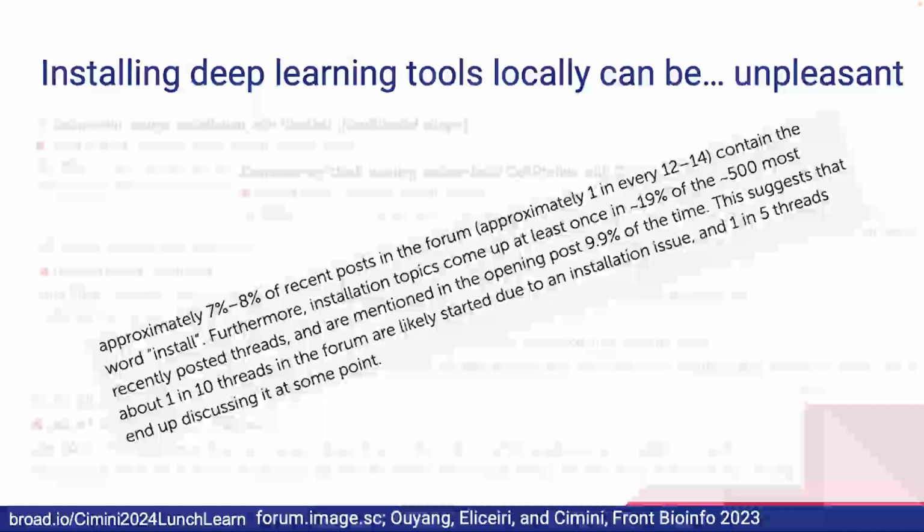If you remember literally nothing else today, remember forum.image.sc. It's a central help forum for lots of open source image analysis tools. And the word install comes up in the first post about 8% of the time, and it comes up in about 1 in 5 threads. So installation is hard already, and it's only going to get worse the more the field moves to deep learning. So this is not a small problem.